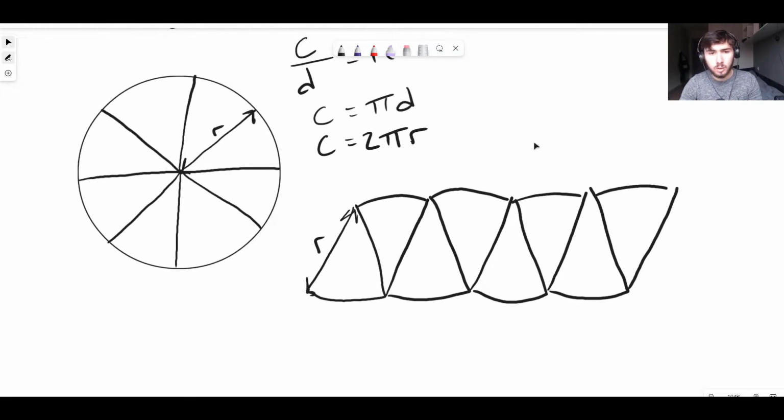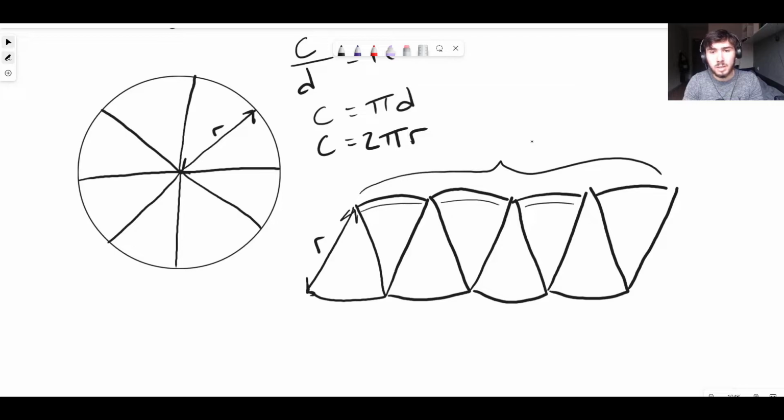We can also observe that that's the length of one of these slices. You can also observe that this length here that traverses half of the outside parts, like these are the crusts of the pizza, right? It covers half of all of them because there are 8 slices, and this is 1, 2, 3, 4 slices of pizza, the length of the crusts.